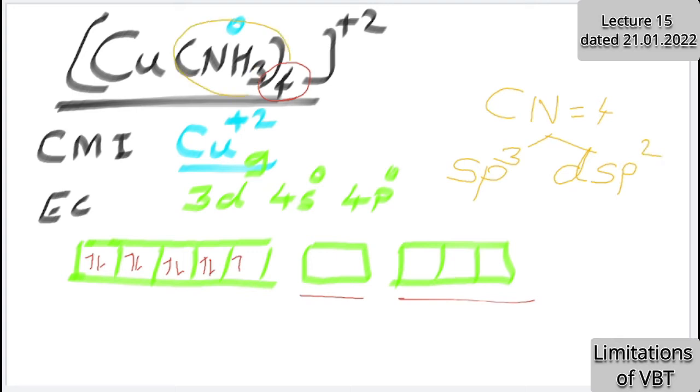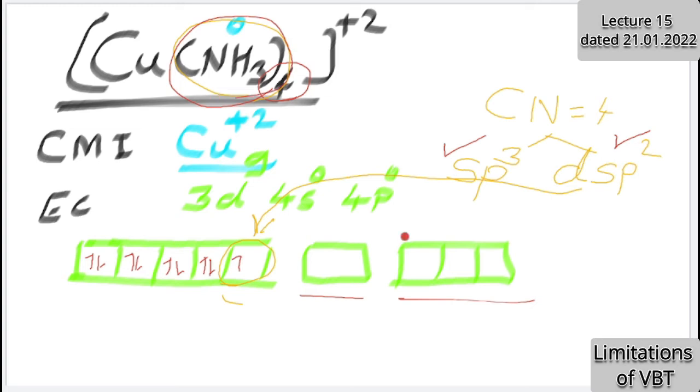Here ammonia is a strong ligand, so if one of the d orbitals has to be made available, there is no chance because nine electrons are there and only one is left unpaired. So this orbital cannot be made available by usual means. I repeat: for coordination number 4, two possibilities are there, sp3 and dsp2, and ammonia is a strong ligand here.